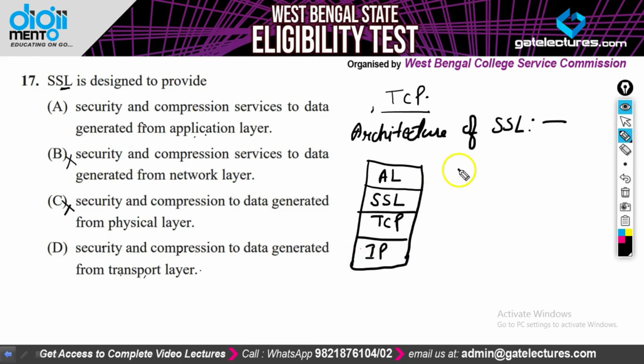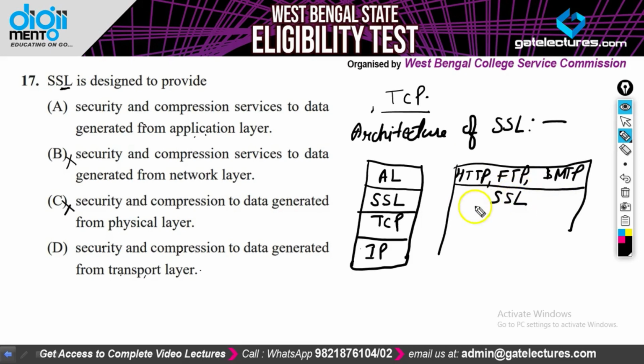You can say here we maintain HTTP, FTP, or our SMTP, right? Then our SSL, our security protocol, then transport layer, and then our IP, internet protocol. So SSL is there in between application layer and the TCP layer. Okay, we can see that.